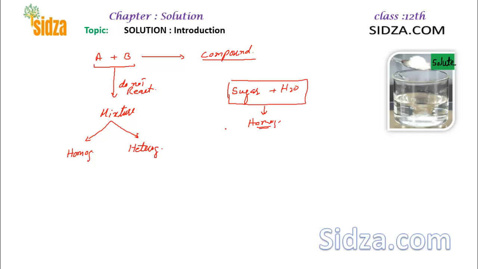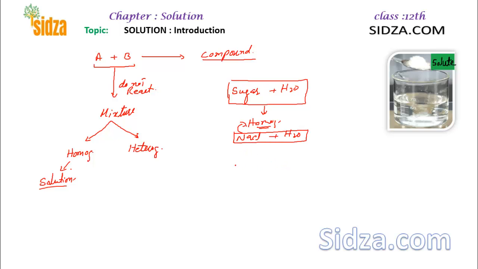And the solution refers basically to the homogeneous mixture. Solution is the homogeneous mixture. Similarly, if you take salt, NaCl, and mix it with water, again you get a homogeneous mixture. So this is again a solution.